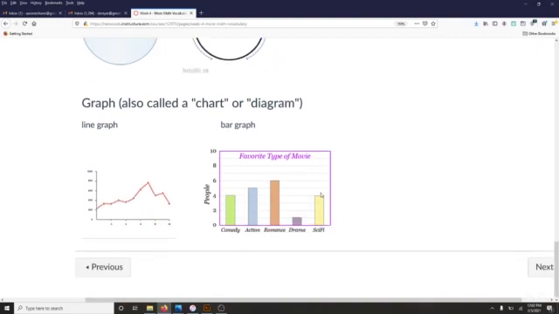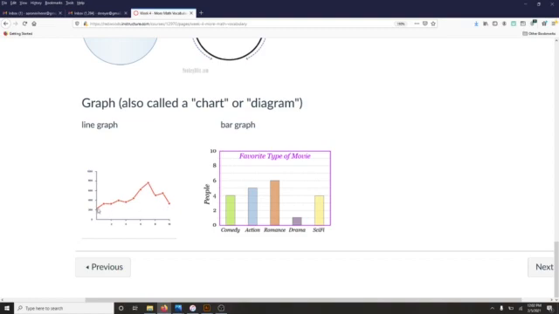The last thing we'll look at here is graph. So these are graphs. So the plural is graphs. A graph is also called a chart or a diagram. Here you have a line graph.